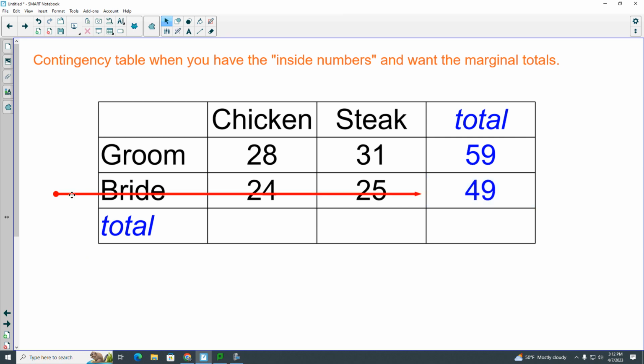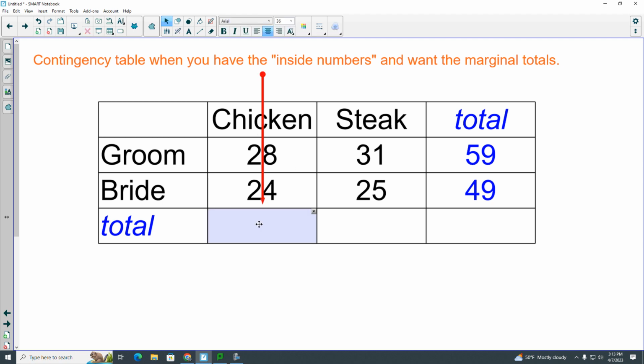Not only can I add going straight across, I can add going straight down. So if I want to know how many people ordered chicken, going straight down to the total, I have 28 and 24.